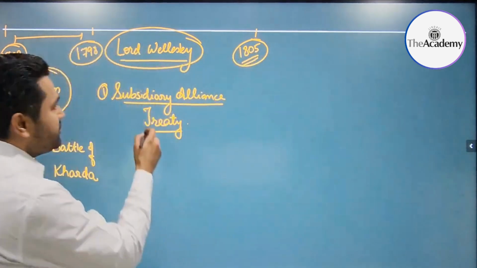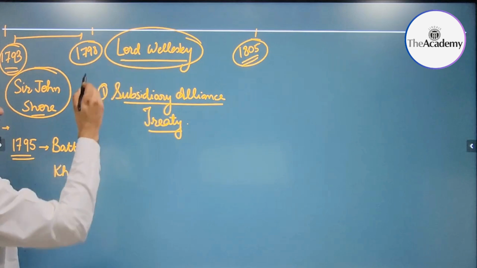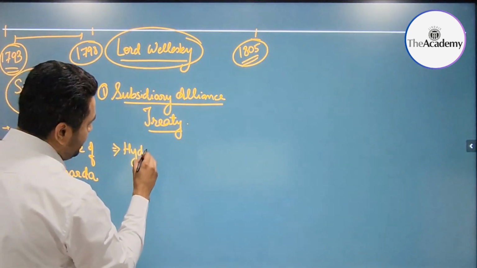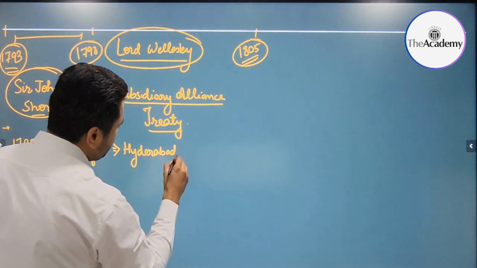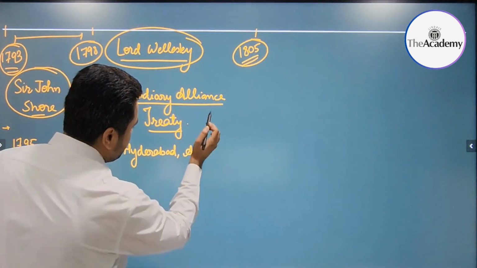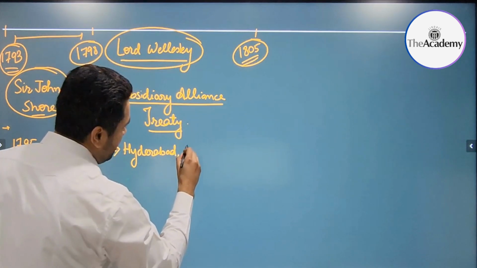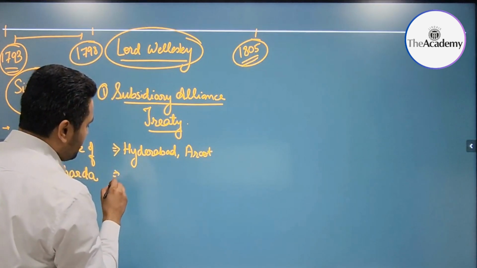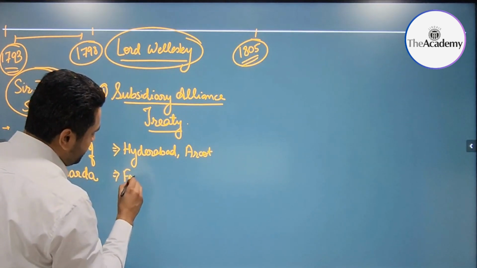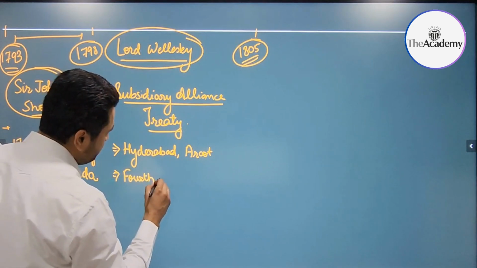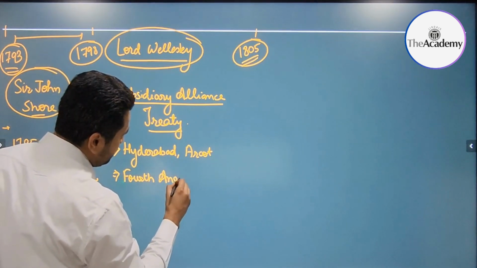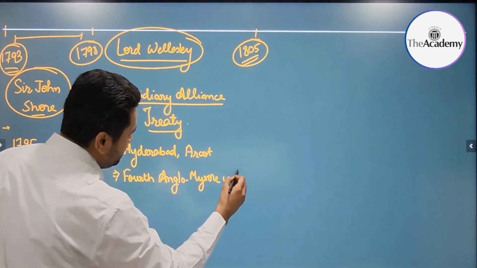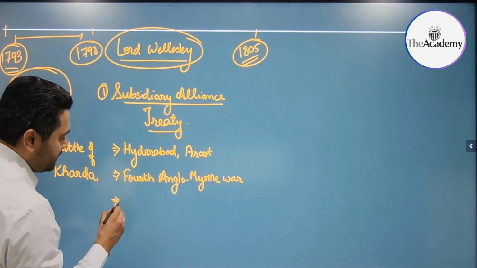So subsidiary alliance treaty became a major tool for the English to bring about subjugation of Hyderabad, Arcot, there would be the Fourth Anglo-Mysore War, which will lead to establishment of Wadayar dynasty.